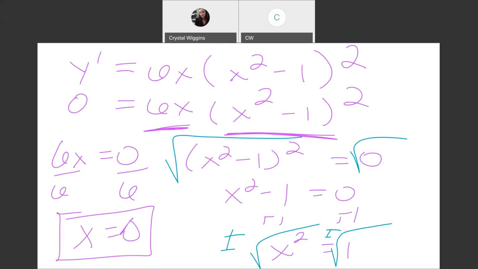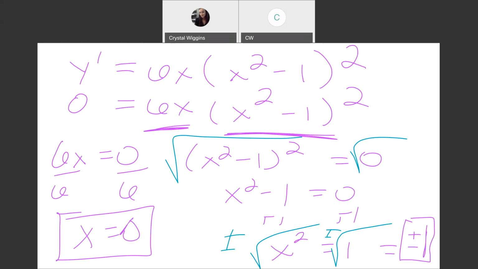Okay, we get critical value of plus and -1. So we have three critical values here. We have x equals 0, x equals +1, and x equals -1. We have -1, 0, and 1 as our three critical values.